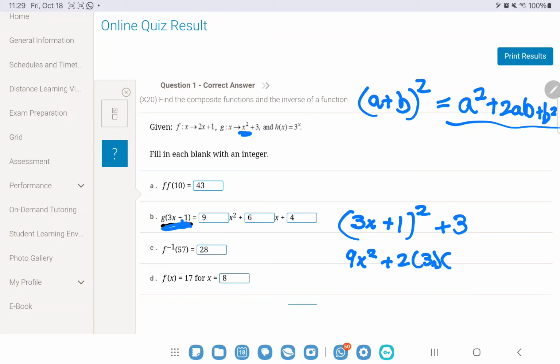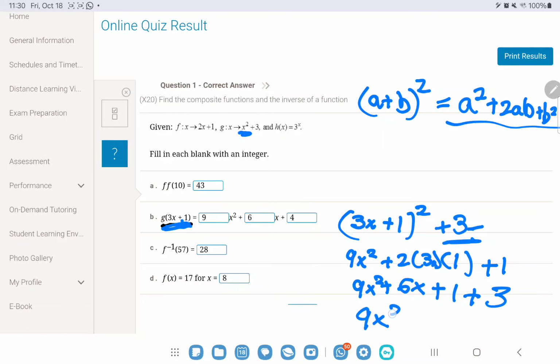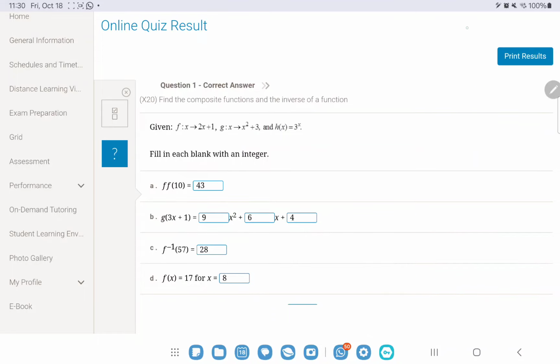Wait, sorry, plus 1 squared, which is 1. I'm not gonna waste time. So this is 9x squared plus 6x plus 1, and we can't forget this plus 3. So 9x squared plus 6x plus 4. And now this is your answer, as you could see.